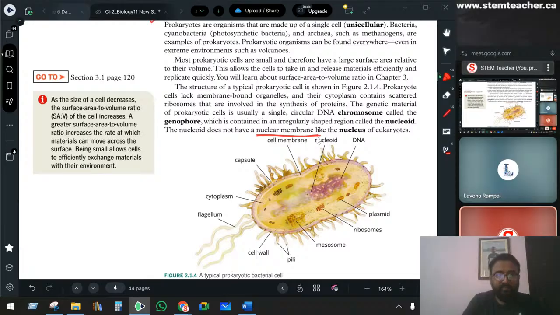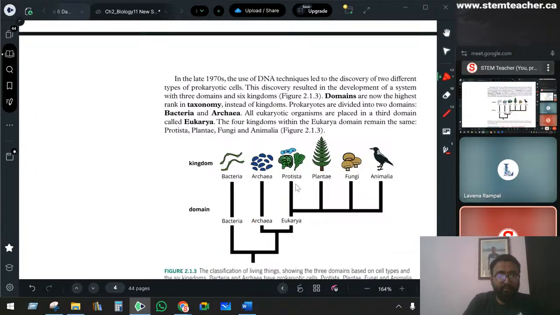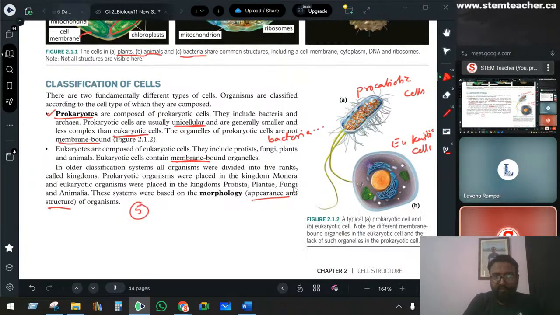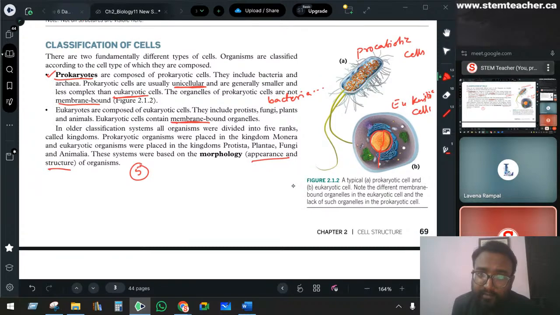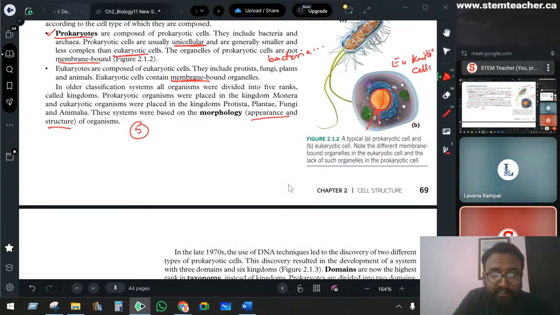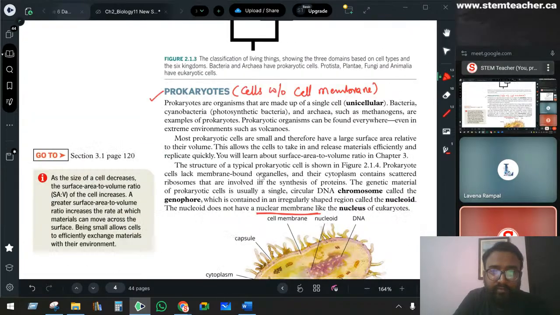See, inside the cell, what happens? There is a nucleus. If you see, this is the nucleus. There is a nucleus membrane also there. But in this prokaryotic, there is no such nucleus membrane.